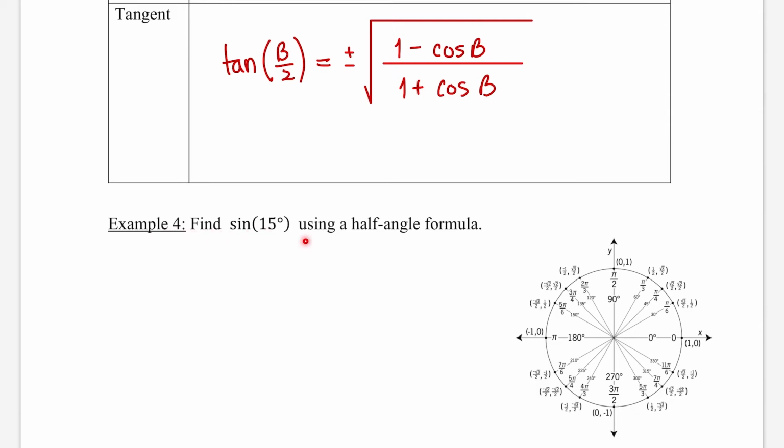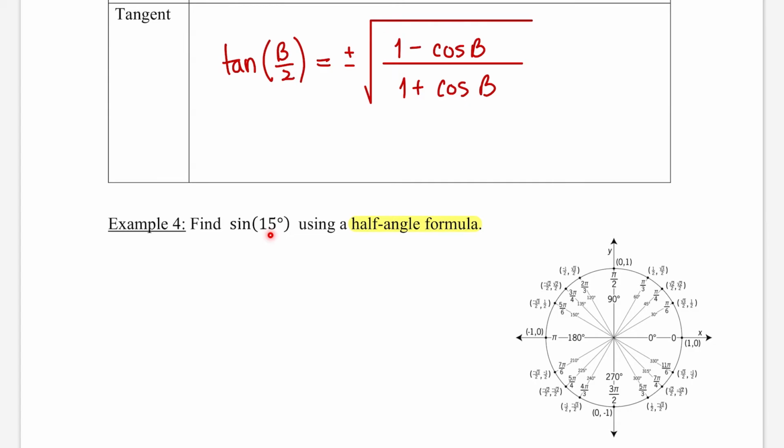Example 4. Find sine of 15 degree using a half angle formula. In this example, they want me to use half angle formula. I don't have any other option. I have to use the half angle formula. So I'm thinking 15 degree is half of 30 degree.